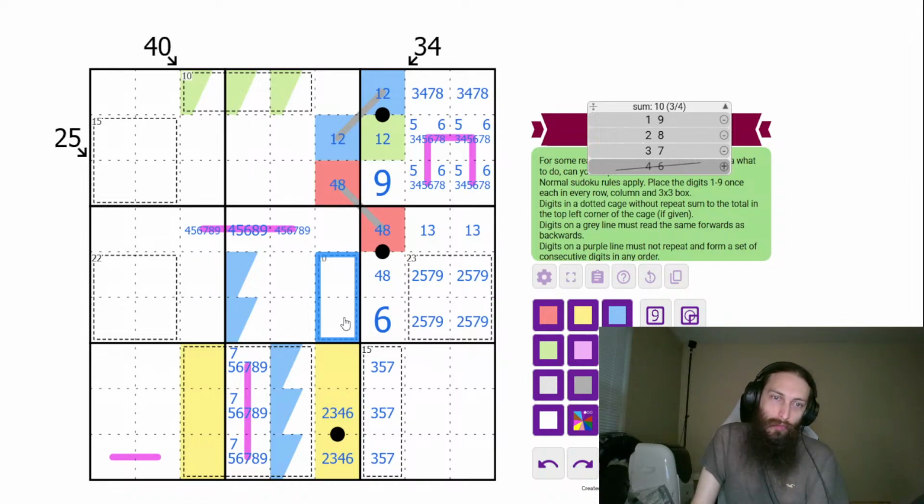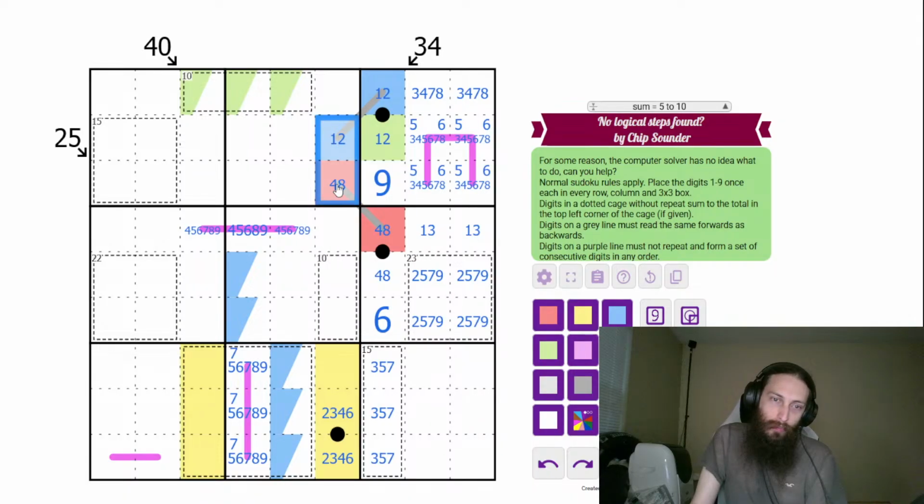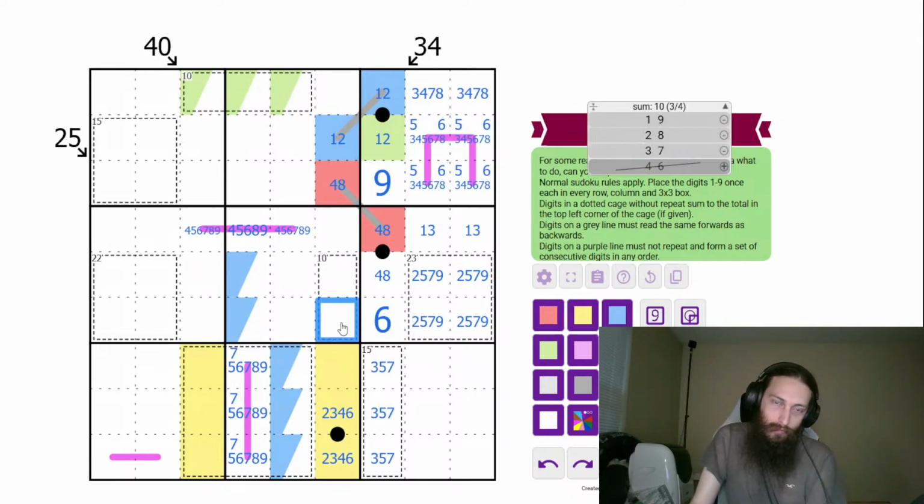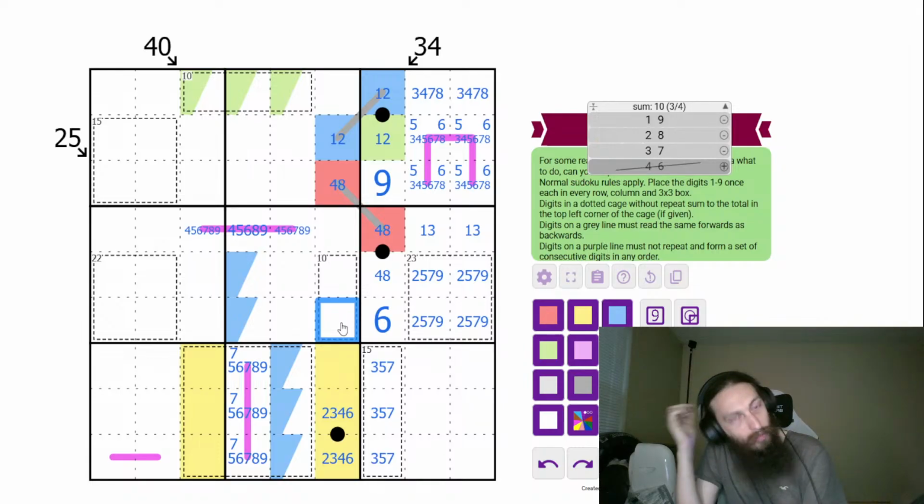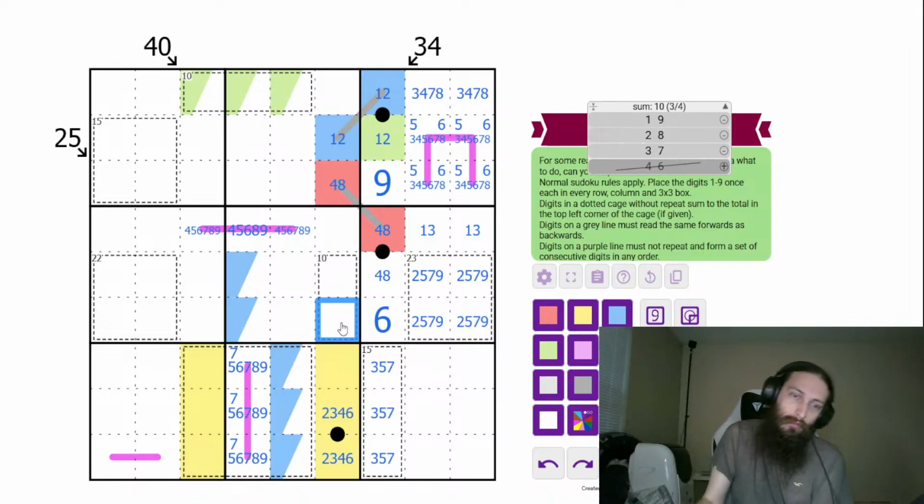If this was 2 and 8, we'd get 1 and 4 here, which would make this 3 and 6. So 2 and 8 is allowed. 1 and 9 and 3 and 7, I don't think.